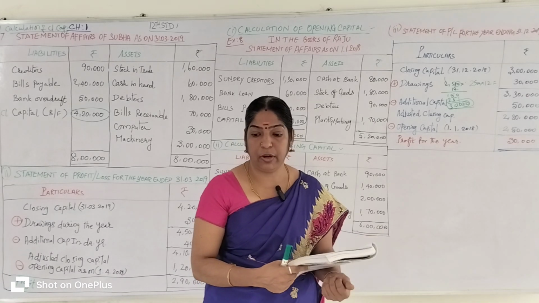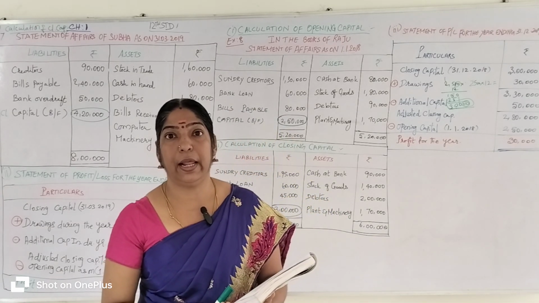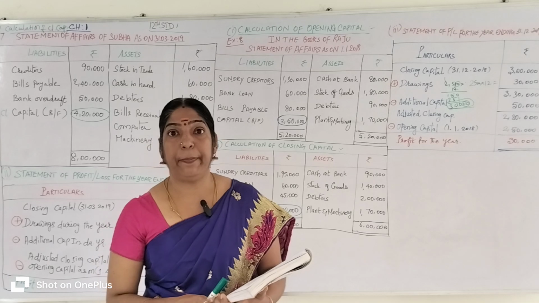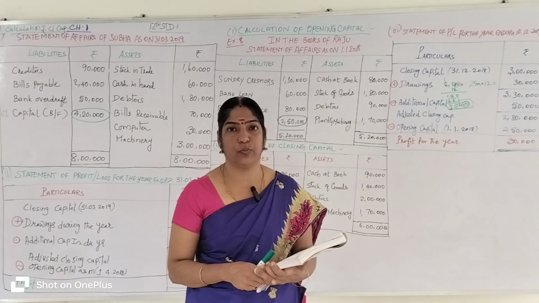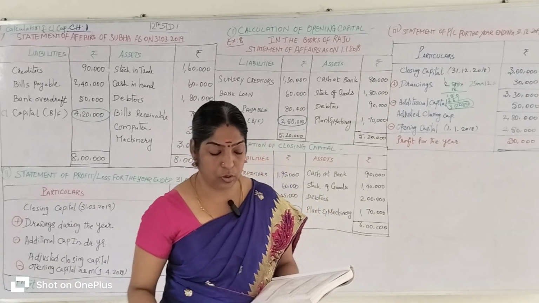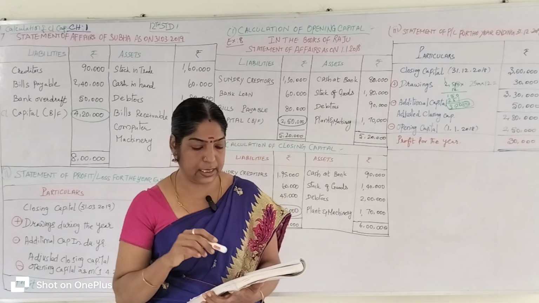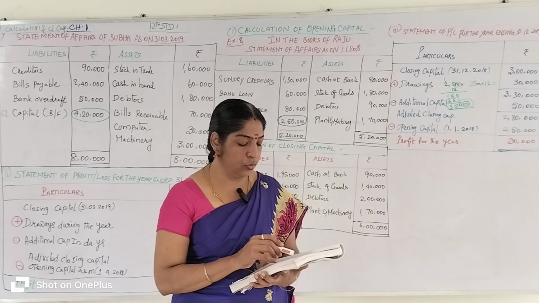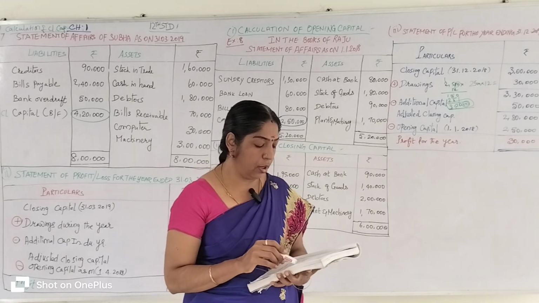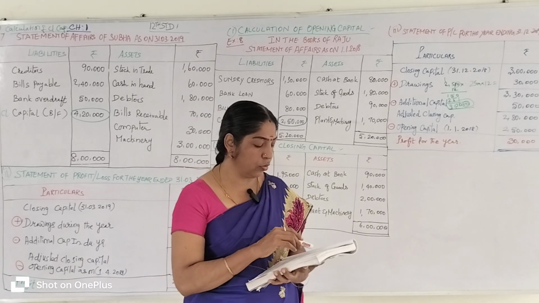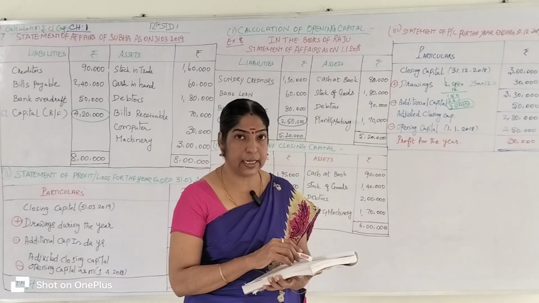Let's read the given information. We are going to find out the capital using the statement of affairs format. So listen. Cash at bank goes to asset. Stock of goods 1,80,000 and 1,40,000 rupees, which means stock of goods is closing stock, asset.